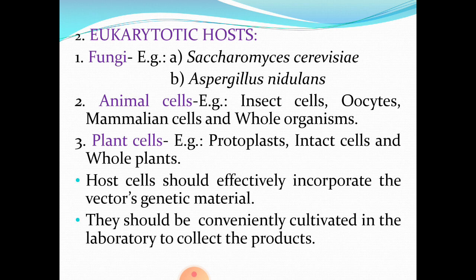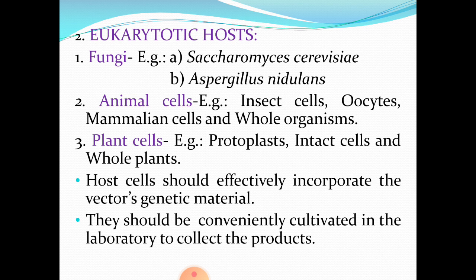Now, what should a host cell do? Host cells should effectively incorporate the vector's genetic material. They should readily accept the genetic material of the vector that you have prepared. Then the second thing, they should be conveniently cultivated in the laboratory to collect the products.